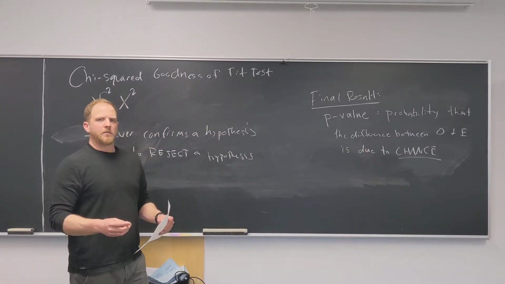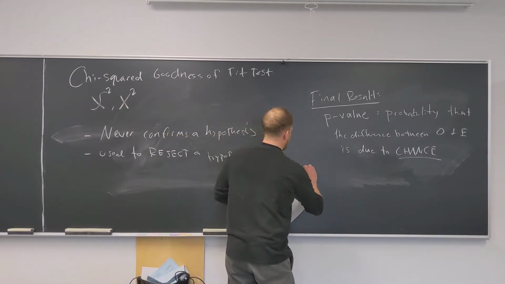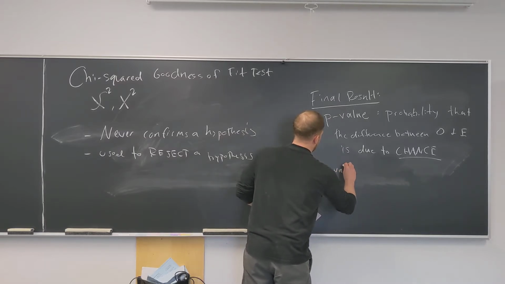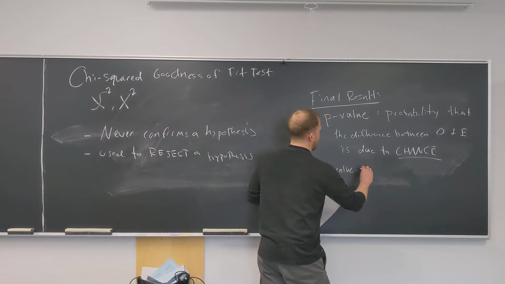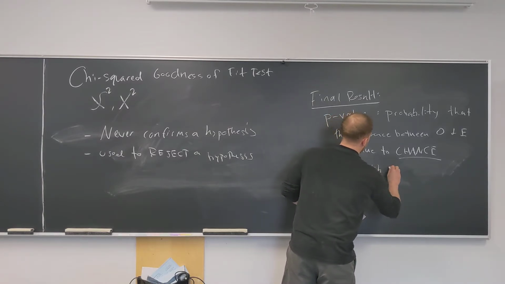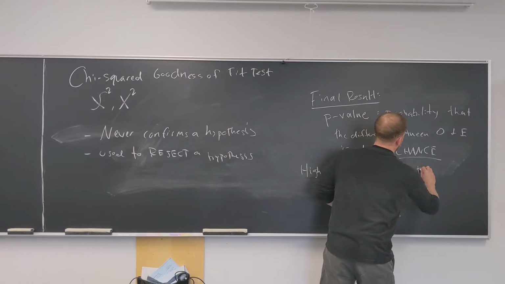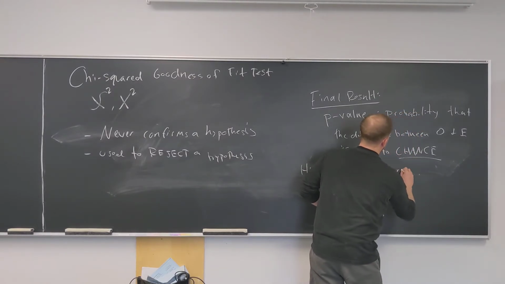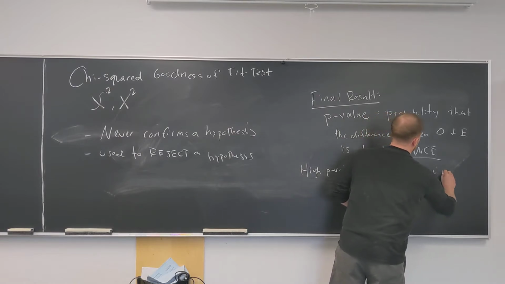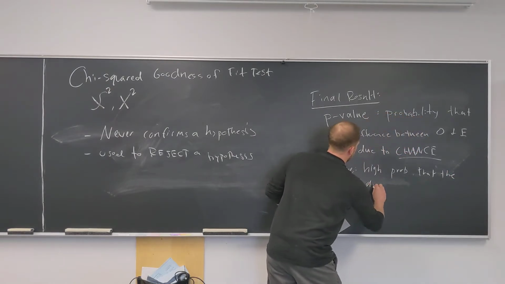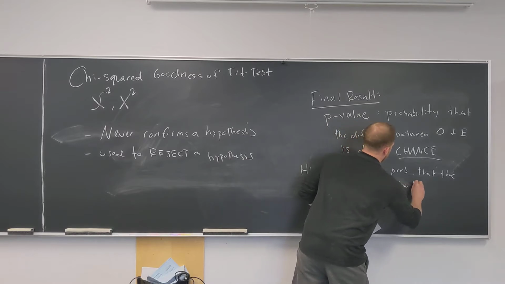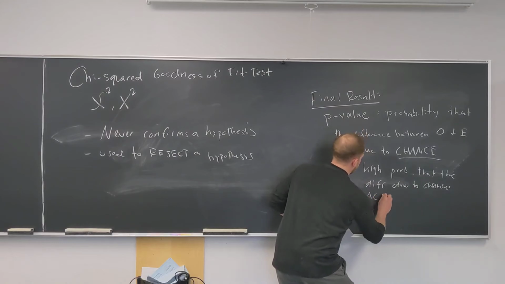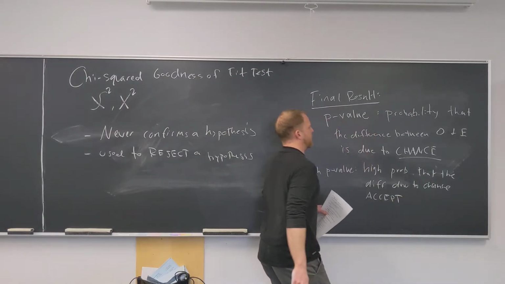If what we get out of this is a high p-value, it means that there's a high probability that the difference is due to chance, and this leads us to accept the null hypothesis.